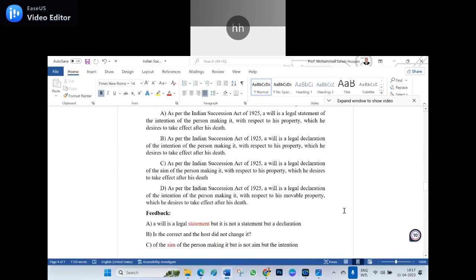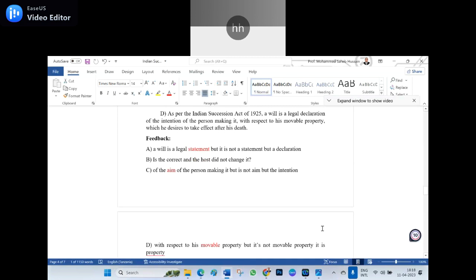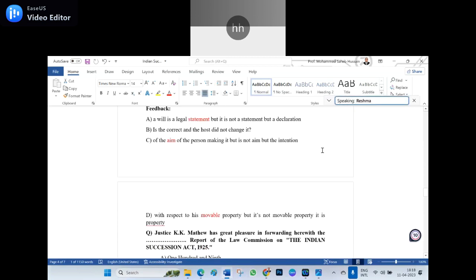In C, the aim of the person making it, but it is not the aim, it is the intention. Here, see, intention, not aim. And D, with respect to his movable property, but it is not movable property, it is property itself. Is it clear? Here I put movable, but actually it's property. So the right answer is B.